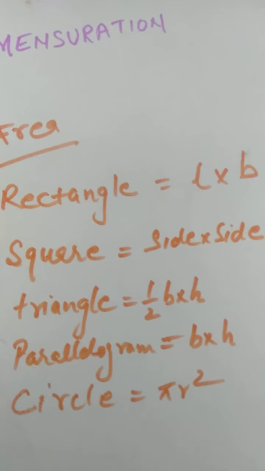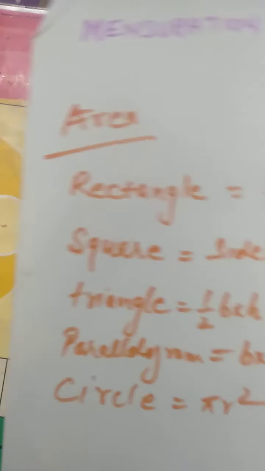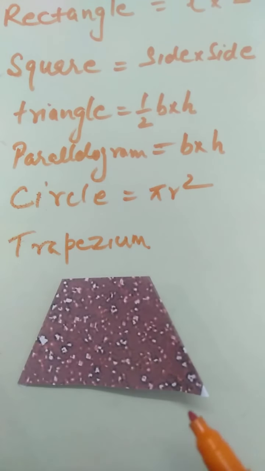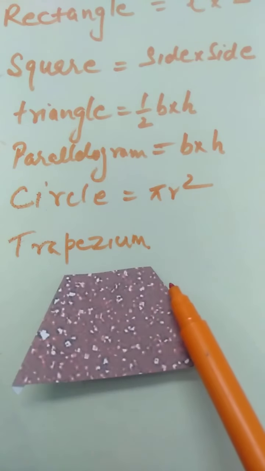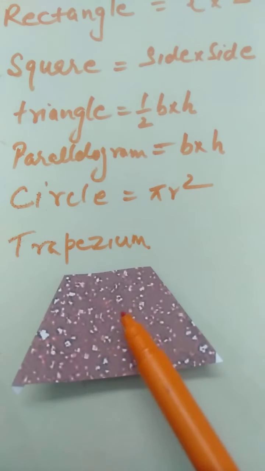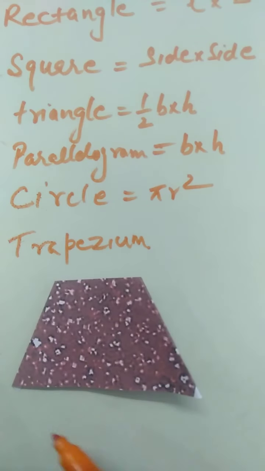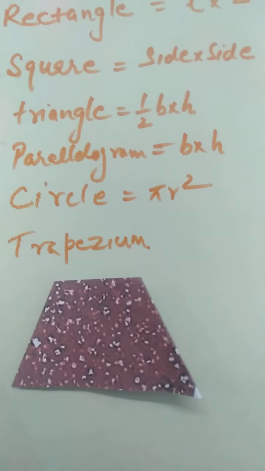Then one more geometrical figure is there, that is the trapezium. In this type of figure, this side is parallel to this side, and two of the sides are non-parallel. This side and this side are the non-parallel sides, and this side and this one are the parallel sides.